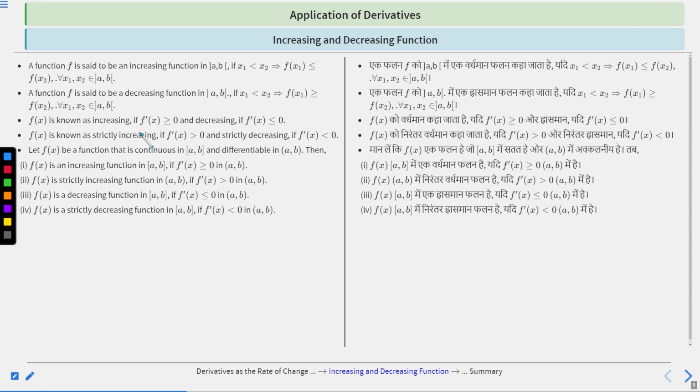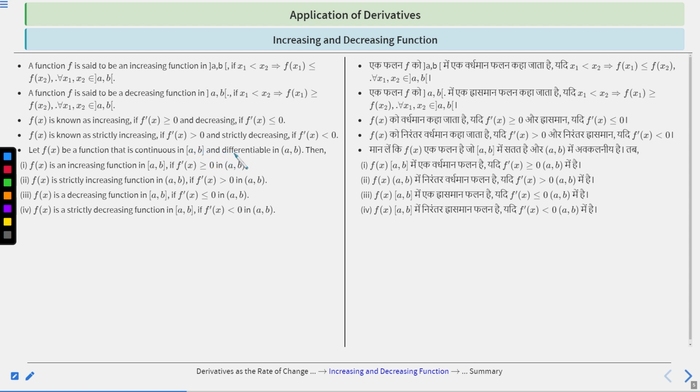f(x) is known as increasing if f dash x is greater than or equal to 0, and decreasing if f dash x is less than or equal to 0. Clear? So this condition is very important. Now for strictly increasing, f dash x cannot be equal to 0, but f dash x will always be greater than 0.